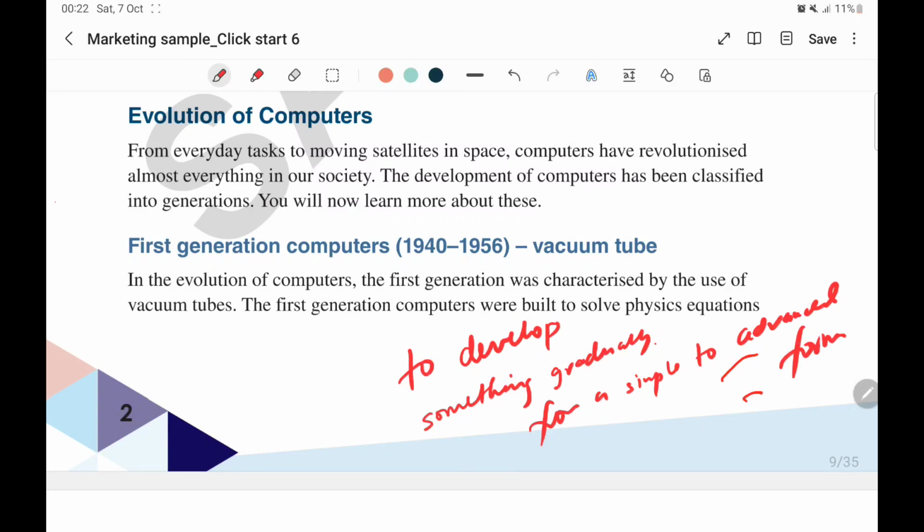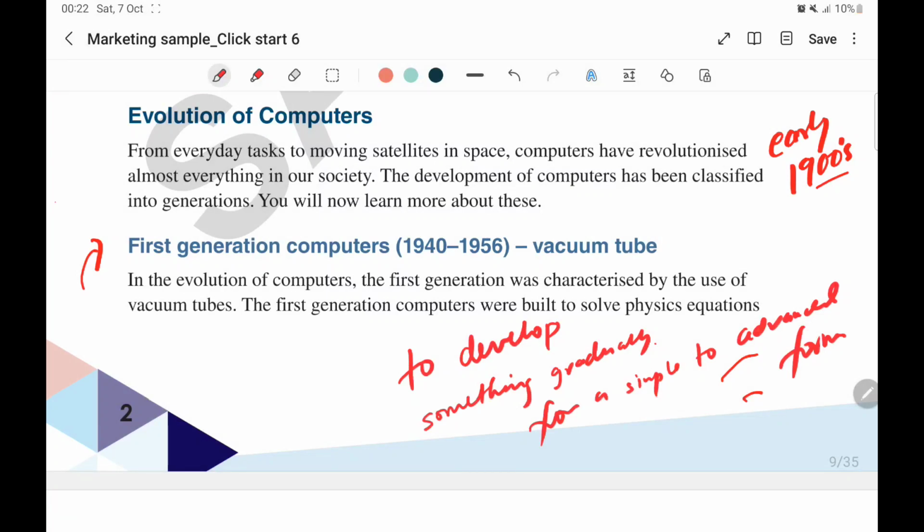So computers were evolving at those times, in the early 1900s, means 1920s, 1930s. Computers were there, but they were in the evolving stage, means development was going on.